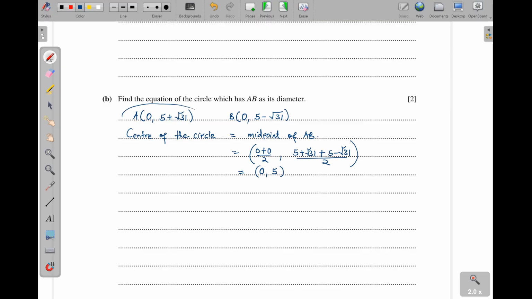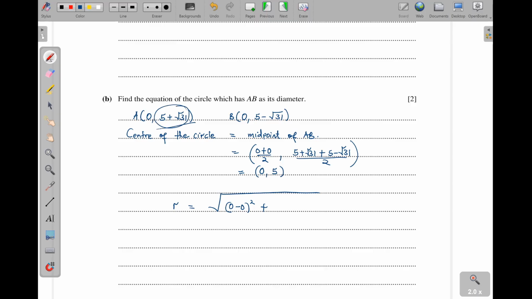I can find the radius using A and this center, or I can use B and this center, or I can use A and B and then divide by 2. So suppose I use A and this center here. The radius is going to be the square root of the change in x-coordinates, 0 minus 0, squared, plus the change in y-coordinates.